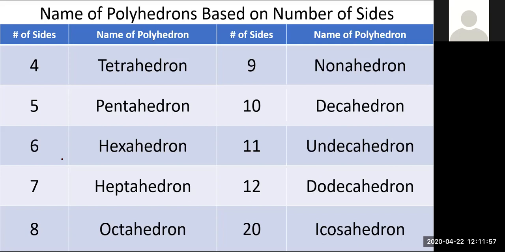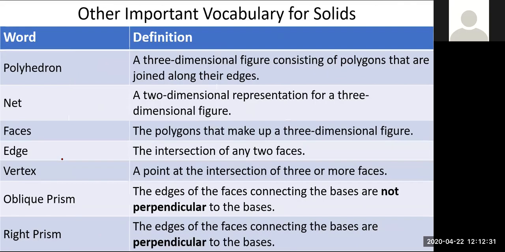So we have tetrahedron, pentahedron, hexahedron, heptahedron, octahedron, nonahedron, decahedron, undecahedron, dodecahedron, and then I put 20 on there as well, just because if we get to the point where we talk about Platonic solids, which I'm not sure if we're going to do this year, we do talk a little bit about our 20-sided figure as well. So I threw that one on there. But again, those are names based on the number of sides or number of faces. So again, just things to keep in mind.